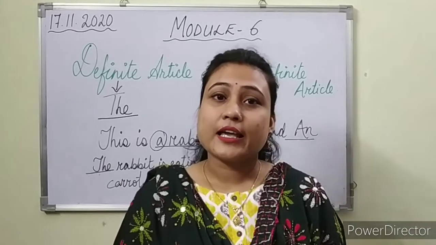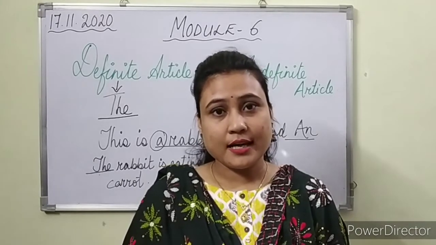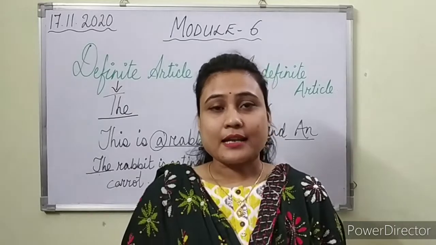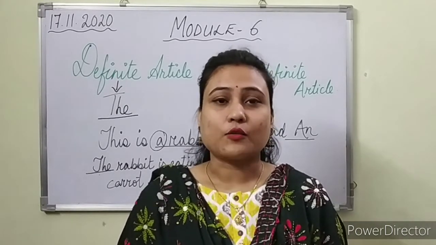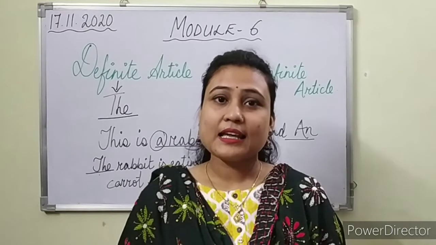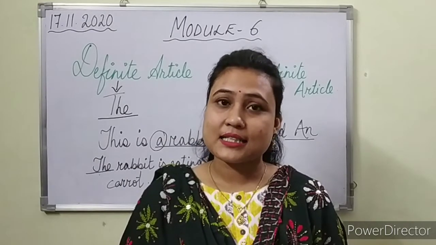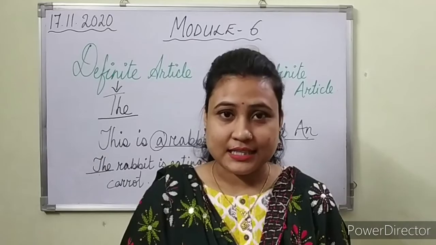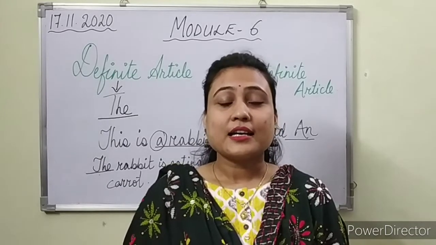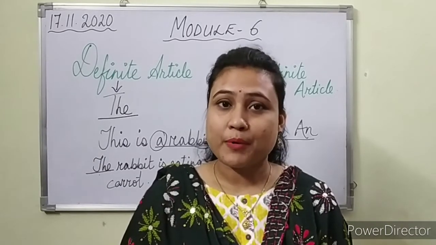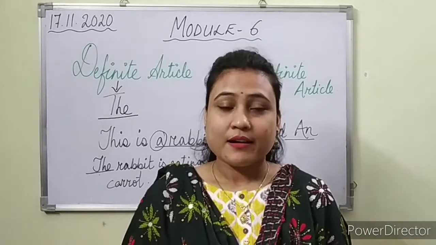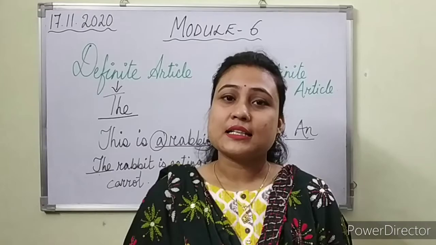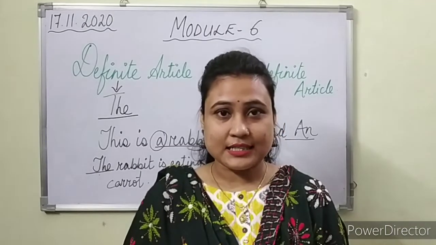Yes, article a is used before a consonant sound and article an is used before a vowel sound. Articles a and an fall under indefinite article. Article the is used when we talk about a particular thing, a particular noun, right? And it falls under definite article.